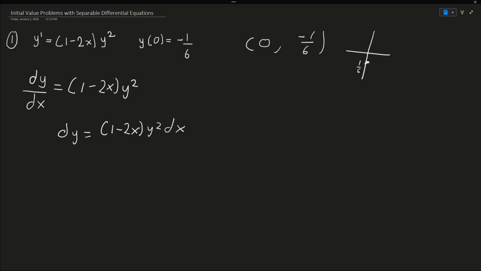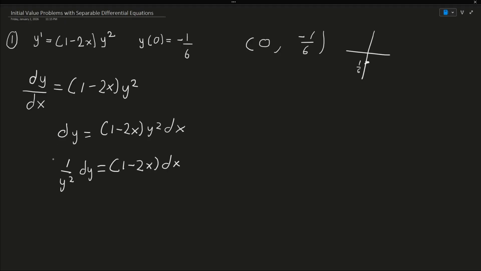Now we want the y term with the dy, so you divide both sides by y squared, and you get 1/y squared dy equals 1 minus 2x dx.